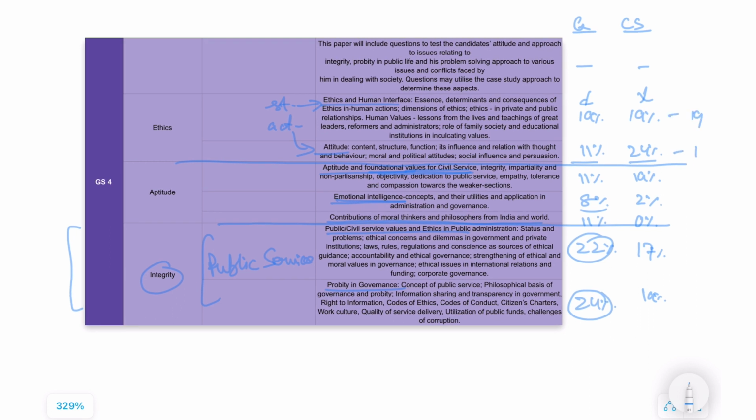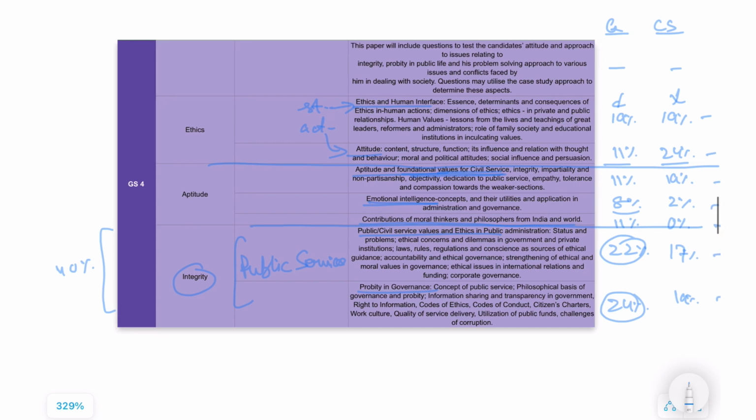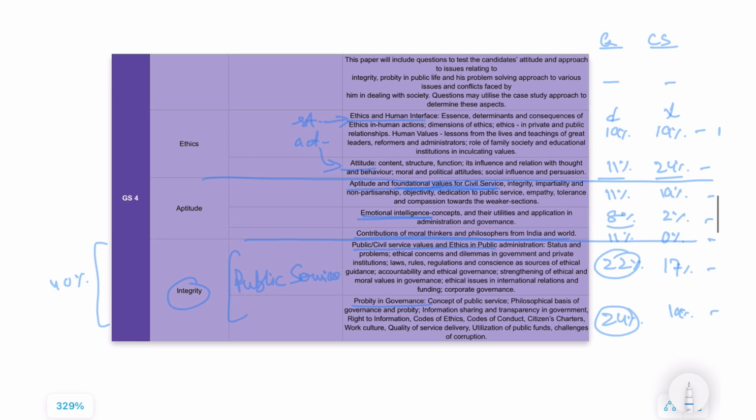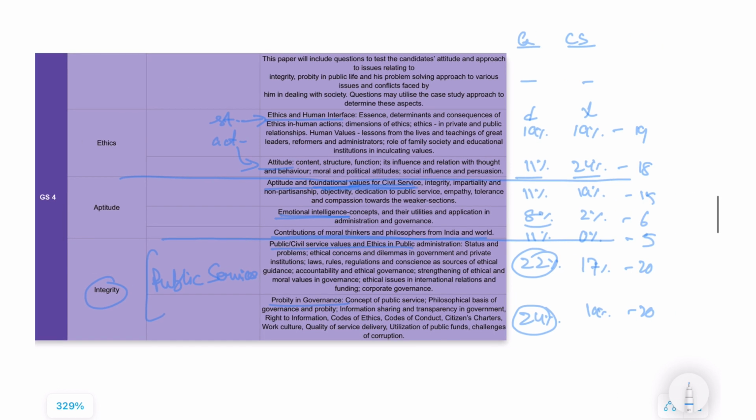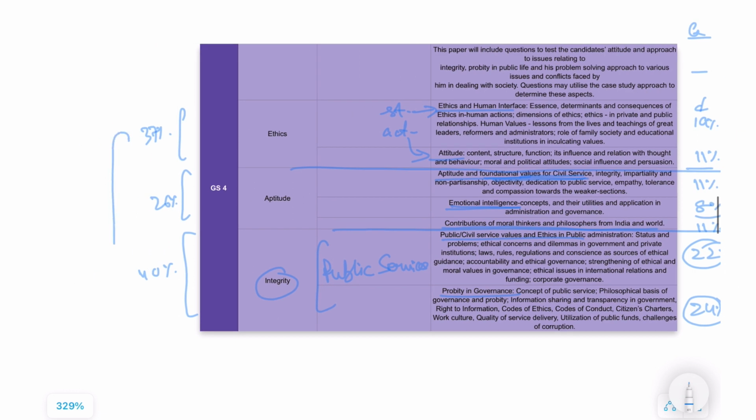We'll make this 19, we'll make this 18, make this 15, 6, 5. We can make this around 20 and 20. So 40% is your integrity, and 11 and 26% is your aptitude, and 37% is your ethics.